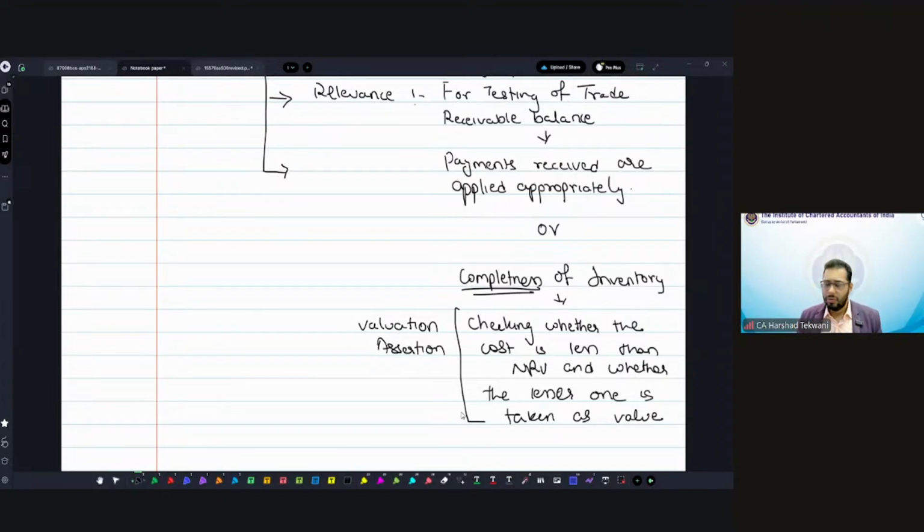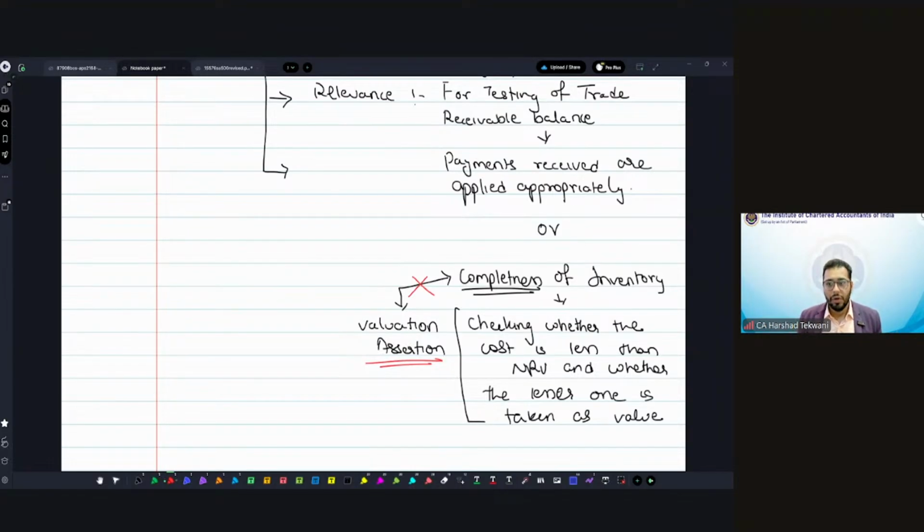The answer is no. How are they connected? They are not. That means the testing done is not relevant for the objective here. Are you getting the point?